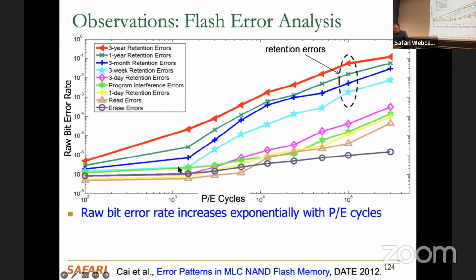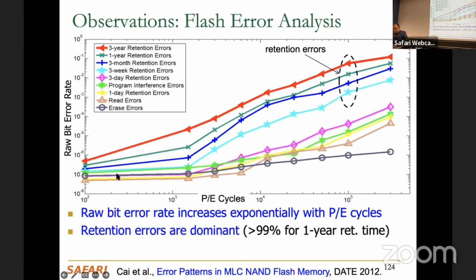The takeaway message here is that raw bit error rate increases exponentially with P/E cycles. So once you have more P/E cycles, you can see that you have more errors. Note that this y-axis is actually logarithmic. That's why you are seeing a linear line, but essentially it's exponential.